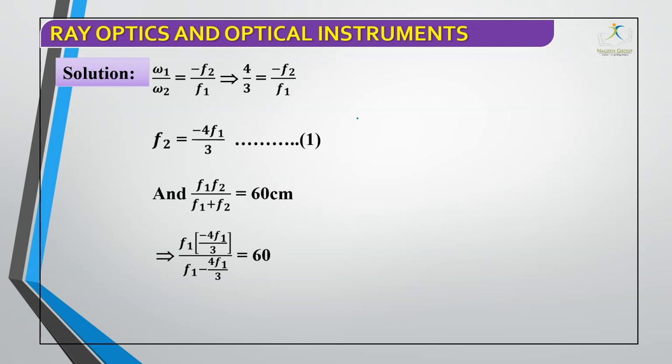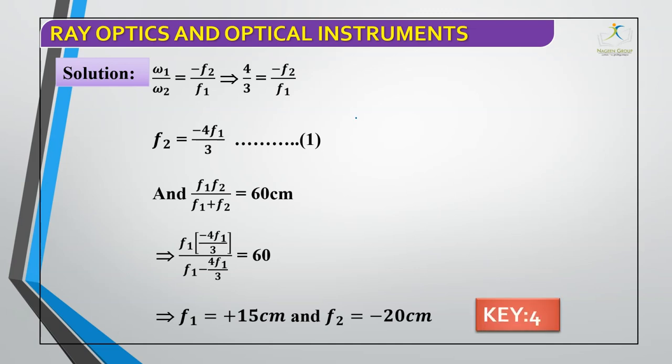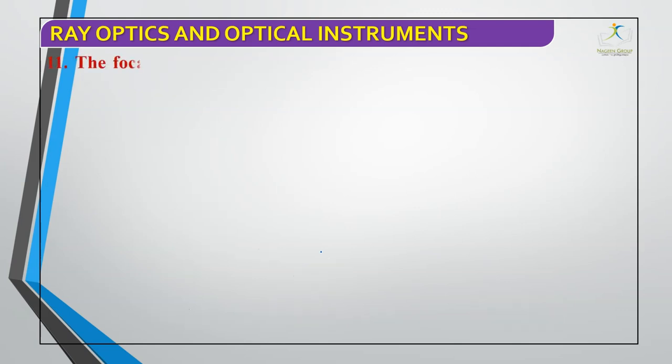We just put the value of F2 and get the value of F1. So F1 comes 15 centimeter and F2 comes minus 20 centimeter. According to that, we have option 4th, which is the right answer. Students, during the calculation, you must put the units. Units have a very important role during the exams.